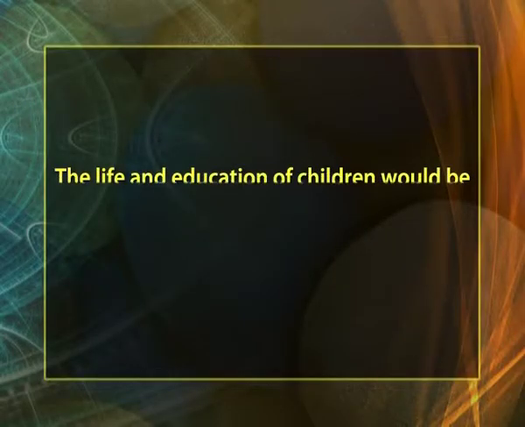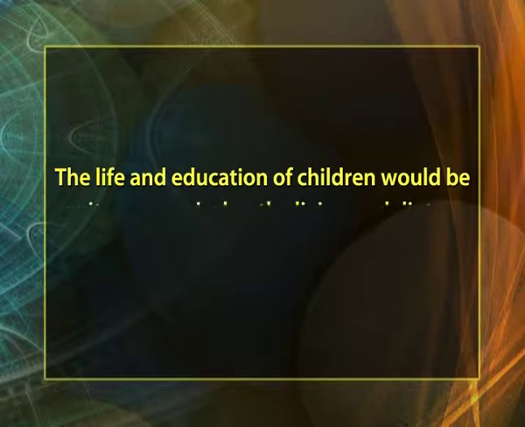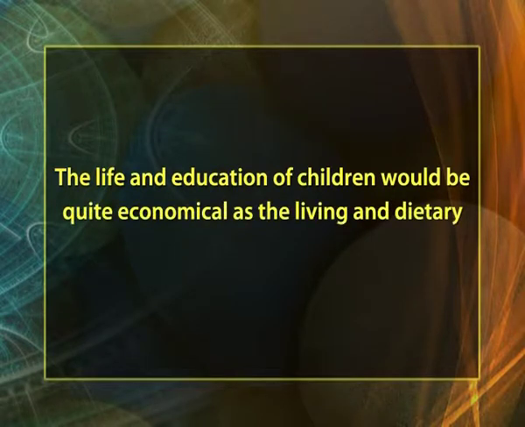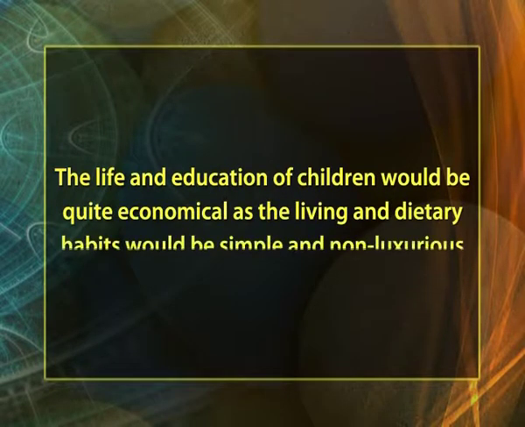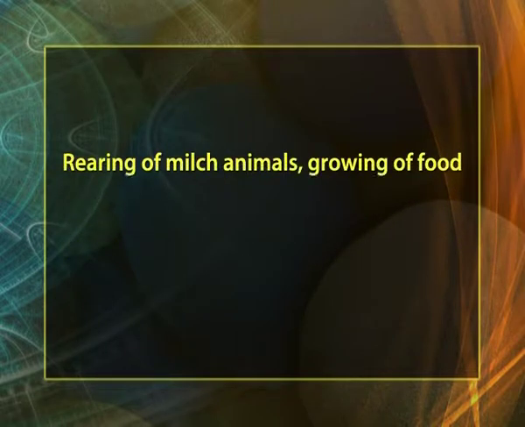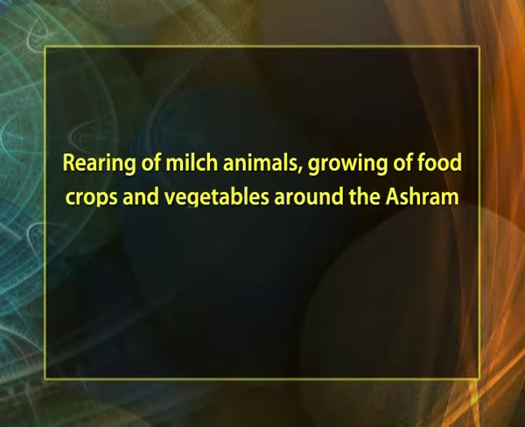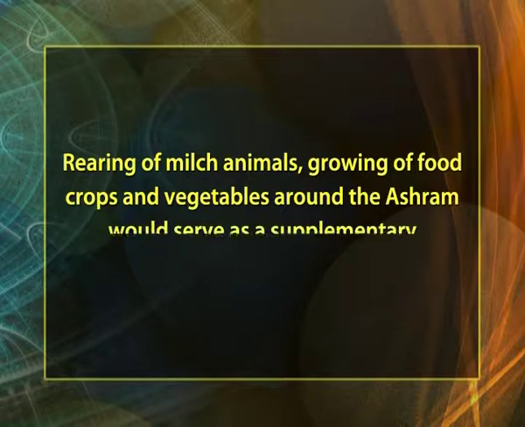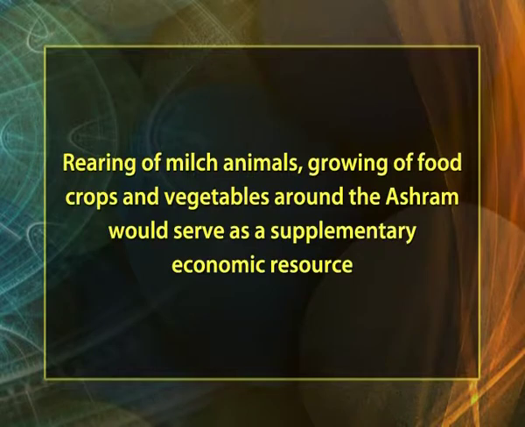The life and education of children would be quite economical, as the living and dietary habits would be simple and non-luxurious. A rearing of milch animals, growing of food crops and vegetables around the ashram would serve as a supplementary economic resource.